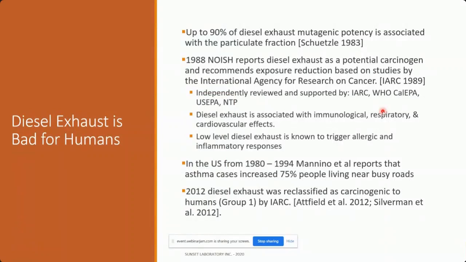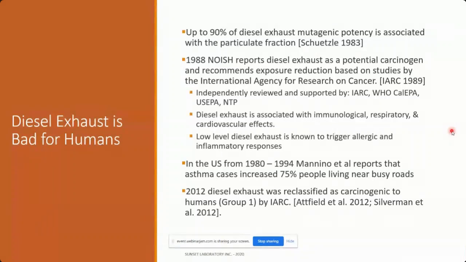We've given this talk quite a few times in numerous formats, but we usually start with the description of diesel exhaust because that is the roots of Sunset Laboratory and where we started. In case you didn't know, diesel exhaust is bad for humans. In the early 1980s, it was found that up to 90% of diesel exhaust possessed mutagenic properties and potency on the particle fraction.